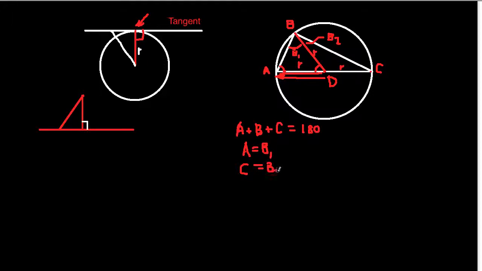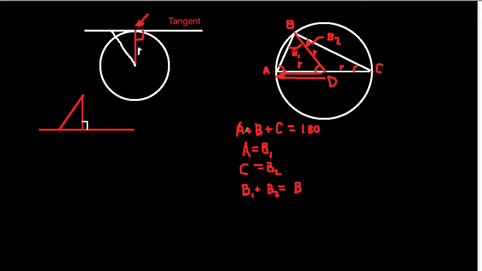One isosceles triangle gives me A is equal to B1. The other isosceles triangle gives me that this angle, which I'm calling B2, is equal to angle C. And I also know that B1 plus B2 is equal to B.